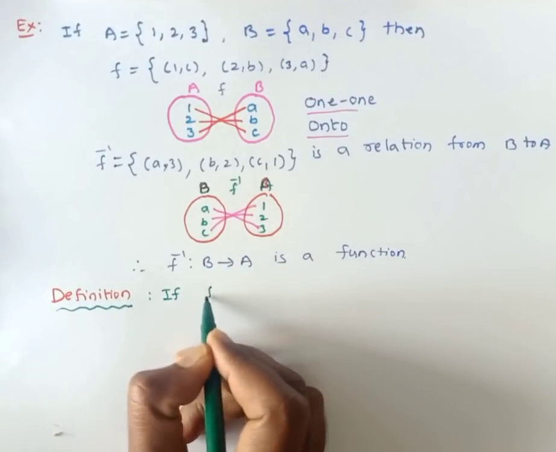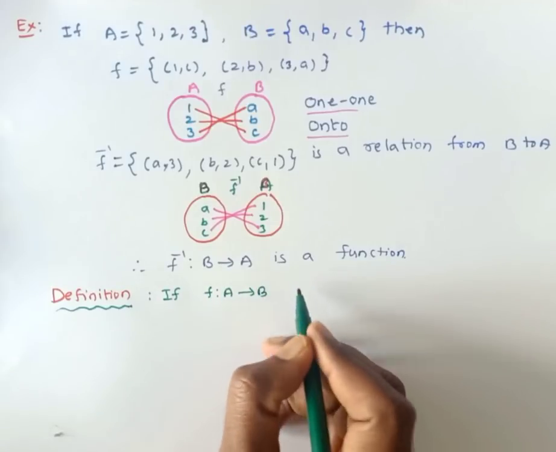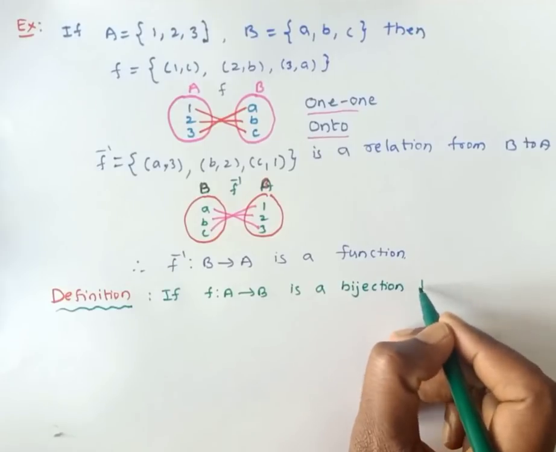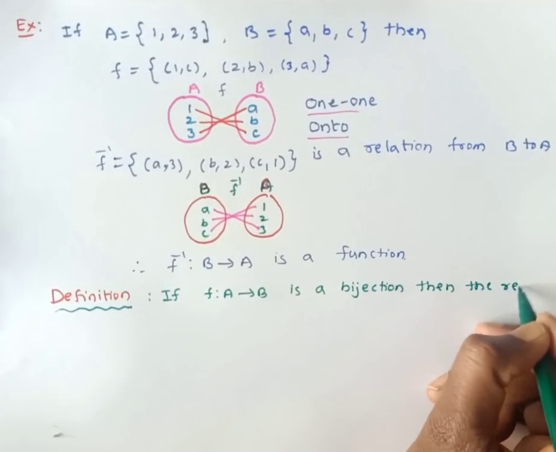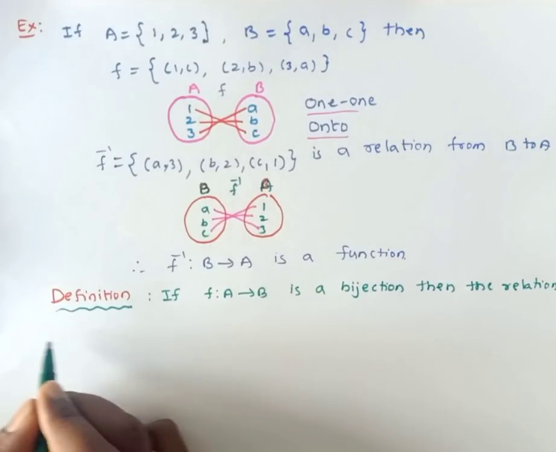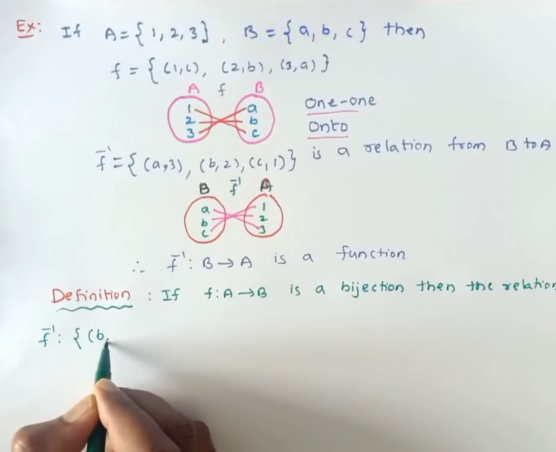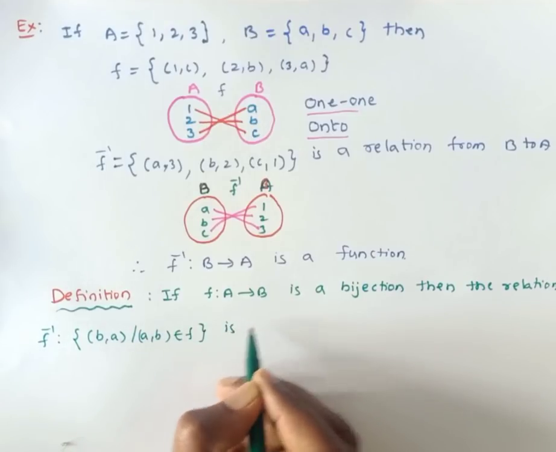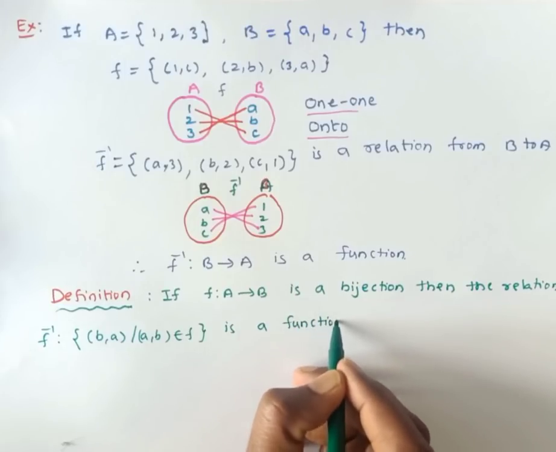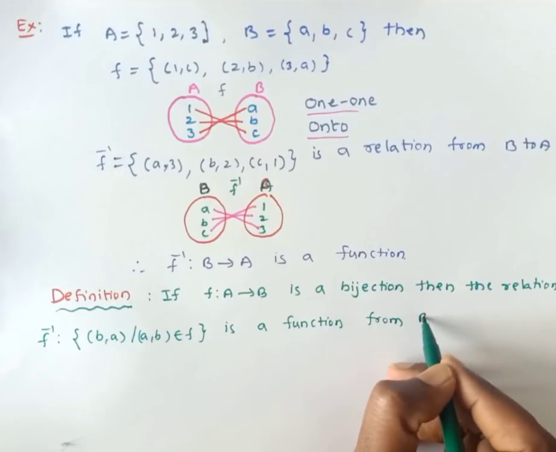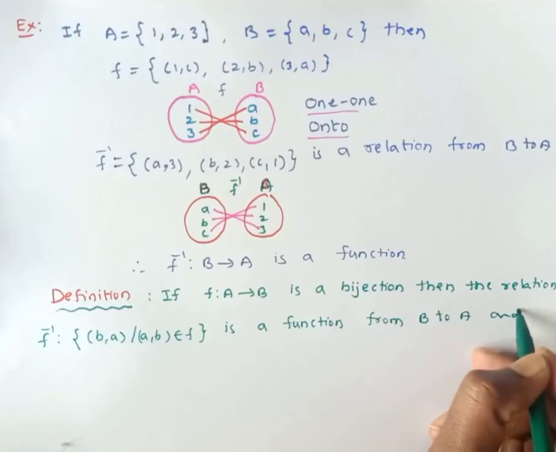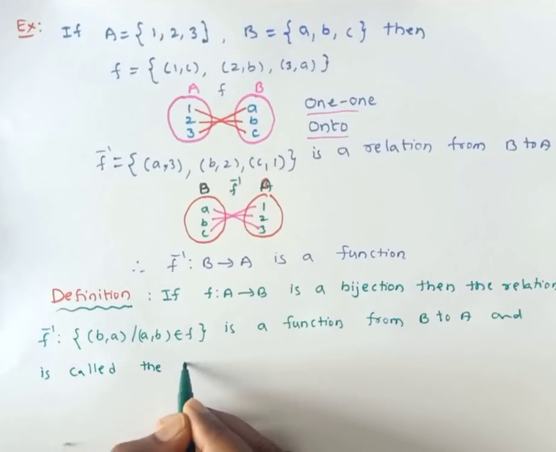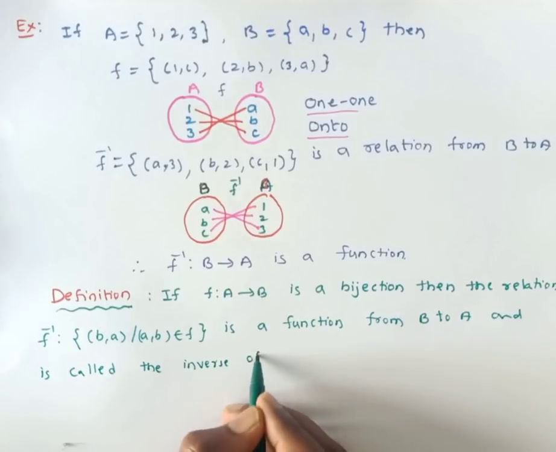If F from A to B is a bijection, then the relation F inverse, that contains the ordered pairs (B, A) such that (A, B) belongs to F, is a function from B to A. And this is called the inverse of F.